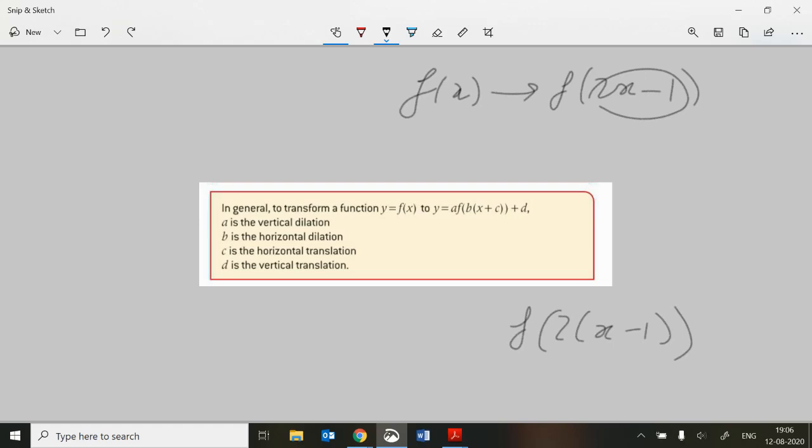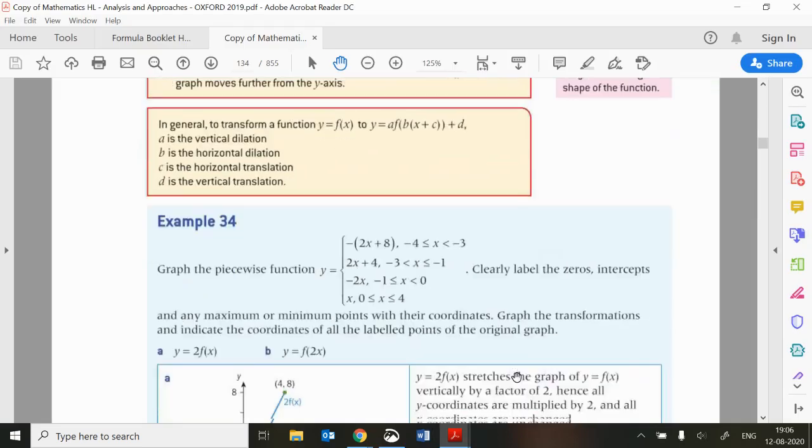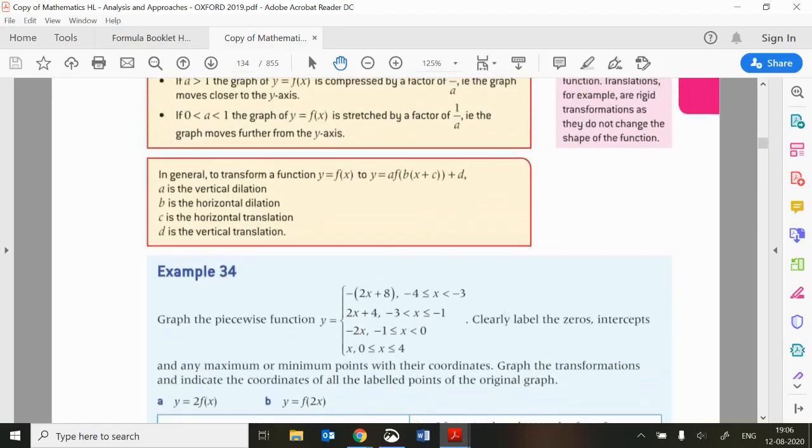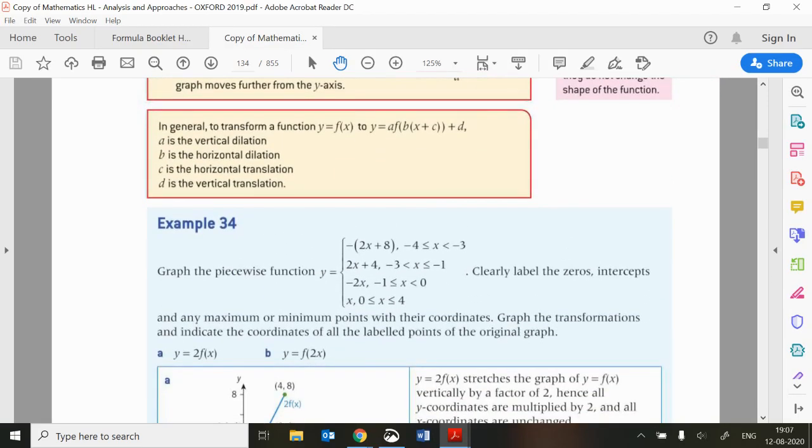But no, the thing here on the inside works the wrong way round. So this is actually a stretch by a factor of a half, and then it's a movement forwards by 1. I think we need to see a question on that one later on, but that's really where a lot of these questions catch you out. Anyway, these ones here don't have these double transformations on the inside.